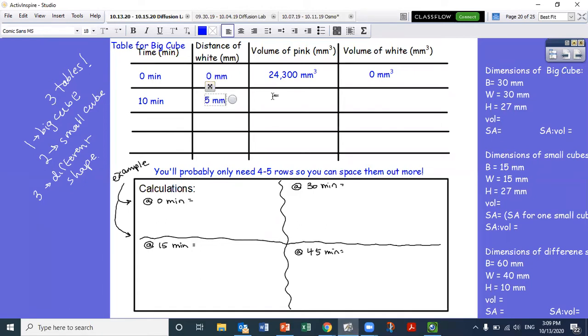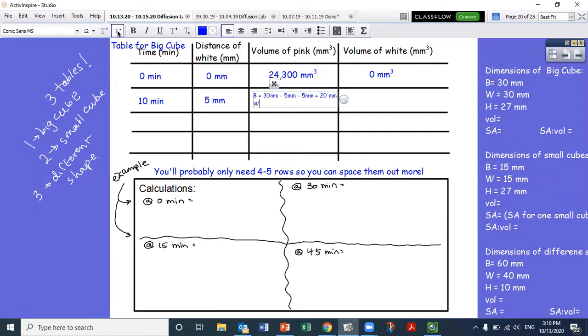This means that when you are doing your calculations for the volume of pink now, for your dimensions of a big cube, you're going to want to do your new base. Your base is going to equal 30 millimeters minus 5 millimeters minus 5 millimeters, which equals 20 millimeters.